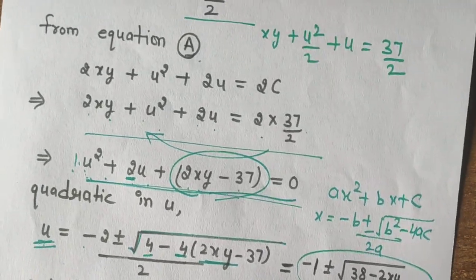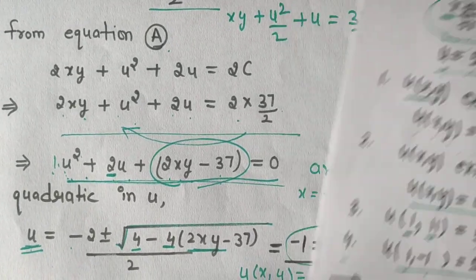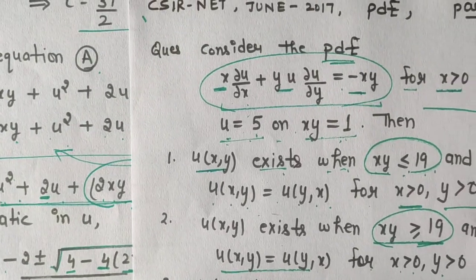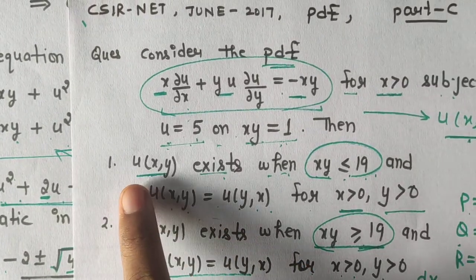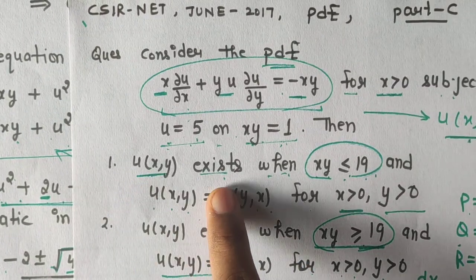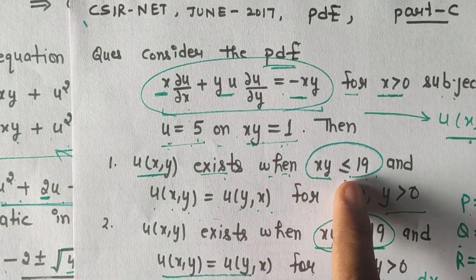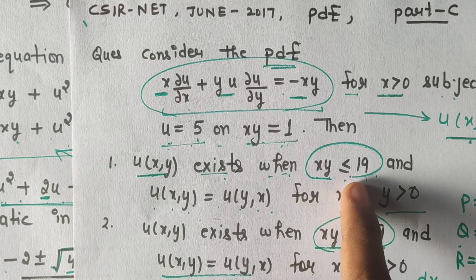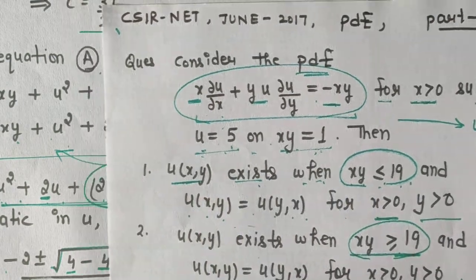And we see here from the options, the first option says u of x comma y exists when xy is less than or equal to 19. Then we check whether the solution exists or not.